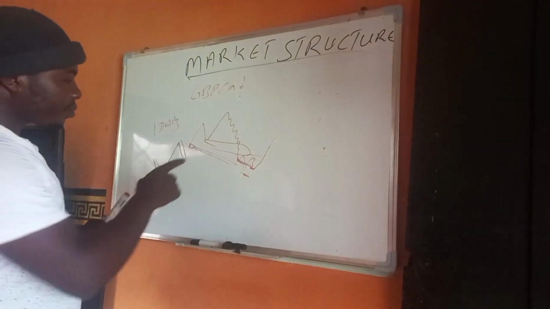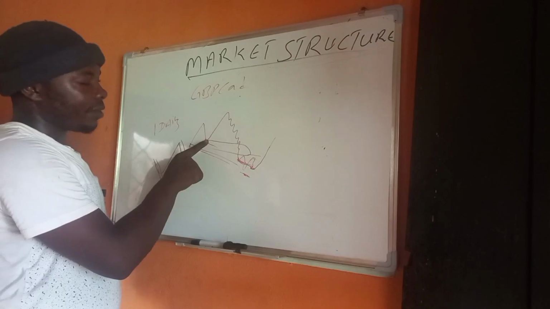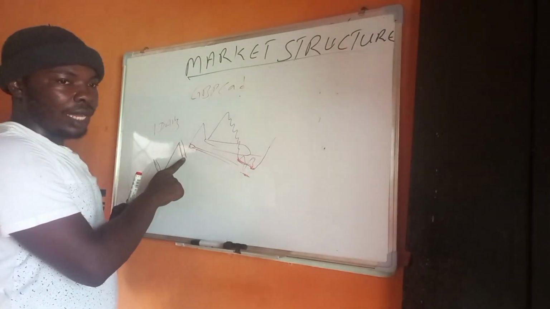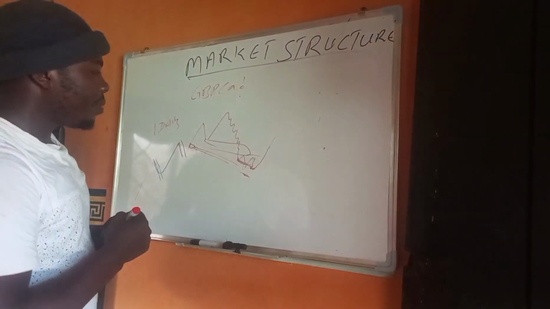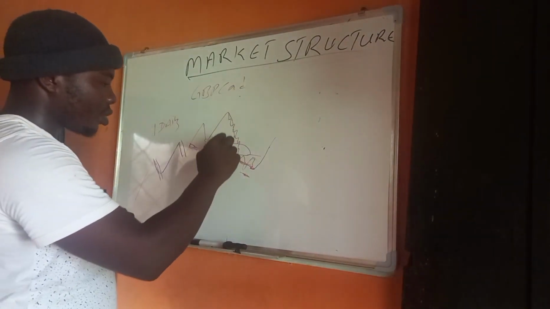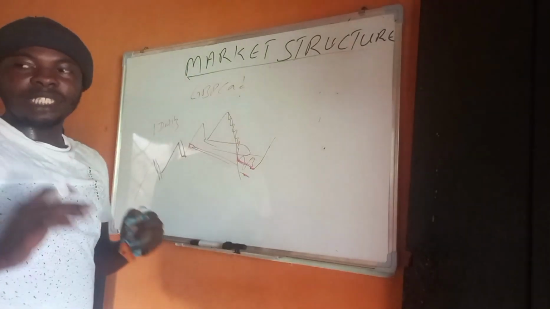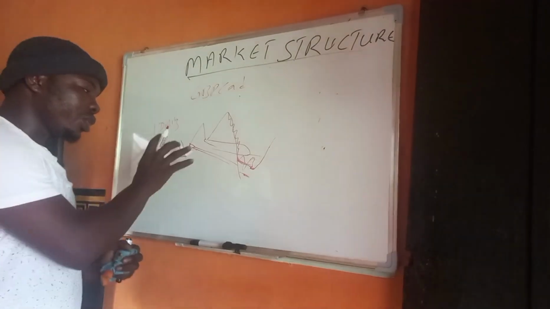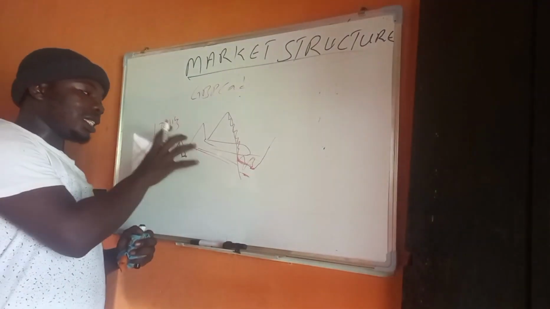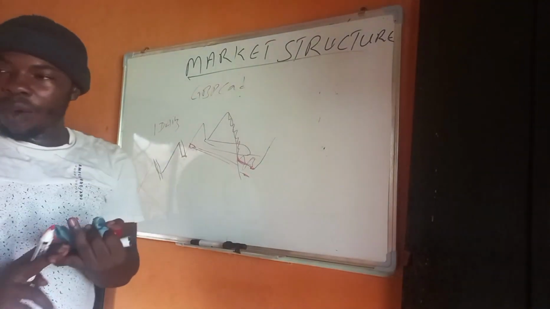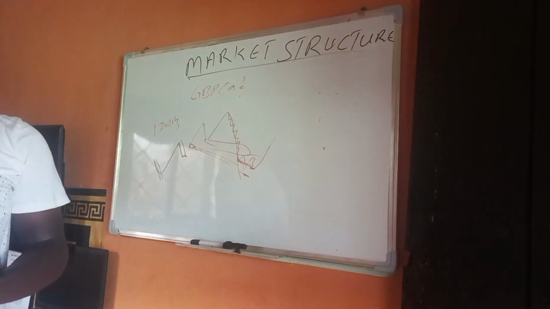Let me say this is your first high, and this is your second low, higher low. If this market breaks this structure and breaks this one also, that means there's a change of structure. And make sure that this break of structure is happening in a bigger time frame, either 4 hours or daily.